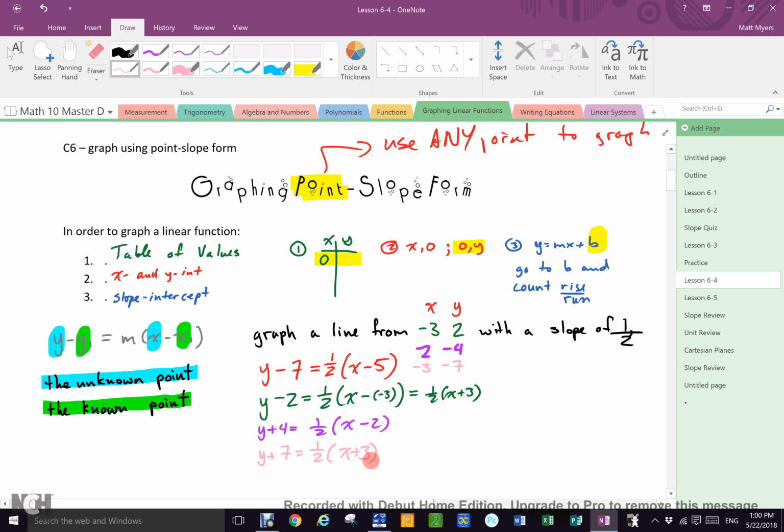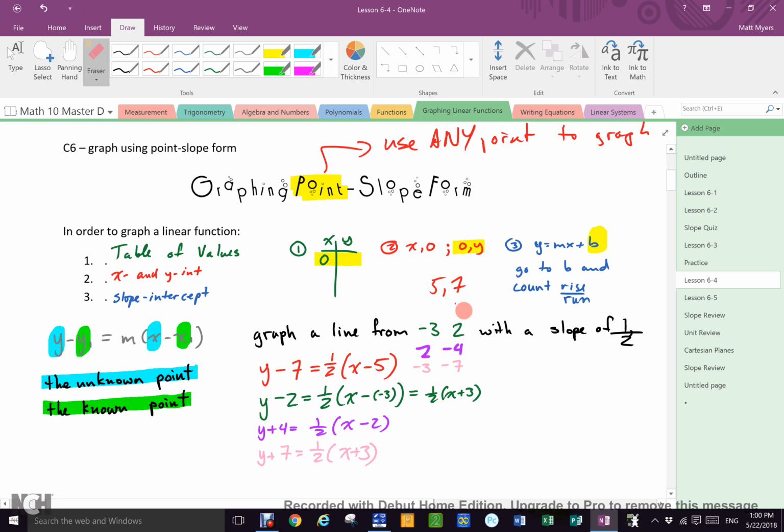Now, all of you should notice something. If you have the known point, what happens to it when you put it into the equation? Because our first point, you'll remember, was 5, 7. Now you've got all the color coding there.